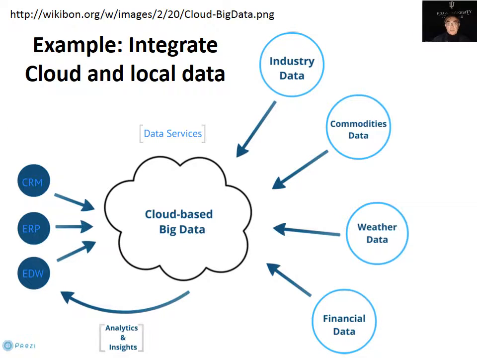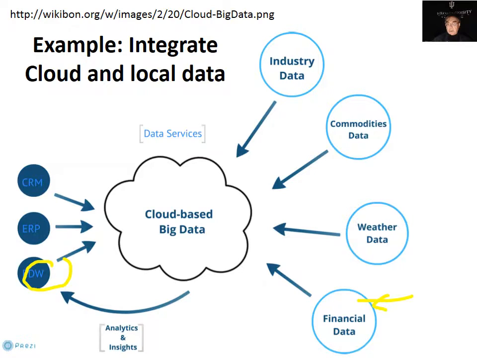Here's an example of this, which was chosen by Bob Marcus, and comes from a particular source. Here we have the enterprise warehouse and a particular commercial application, and we have these different sources.